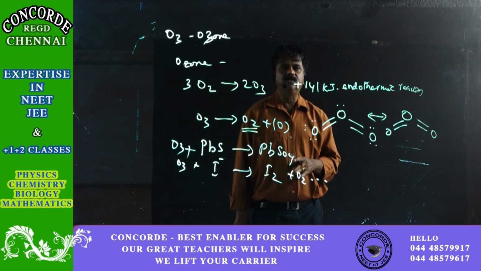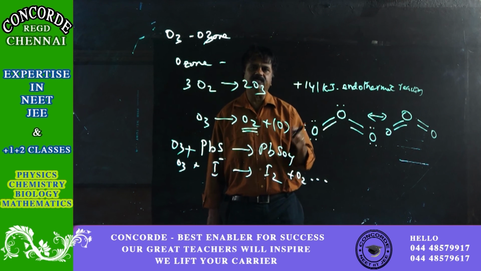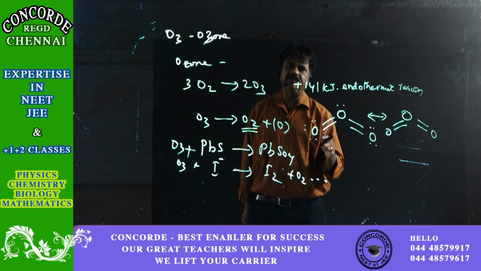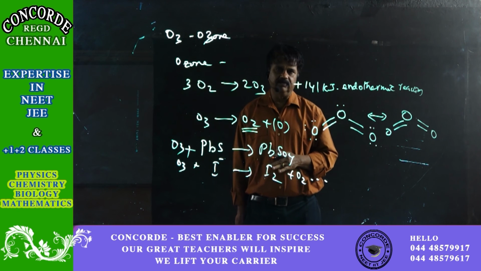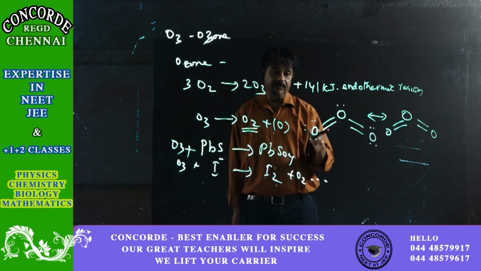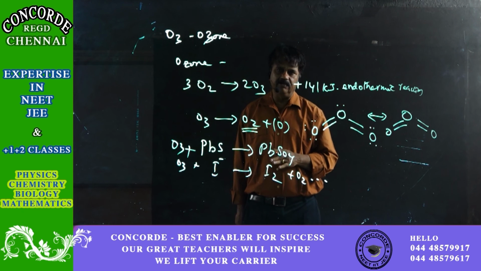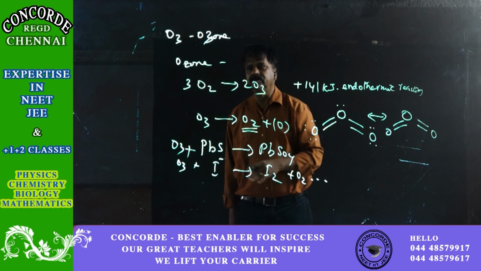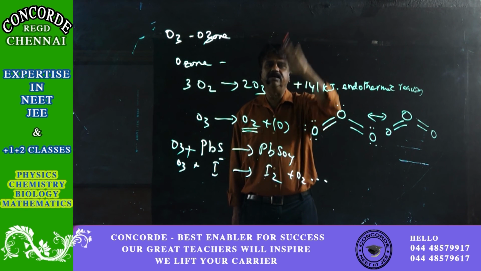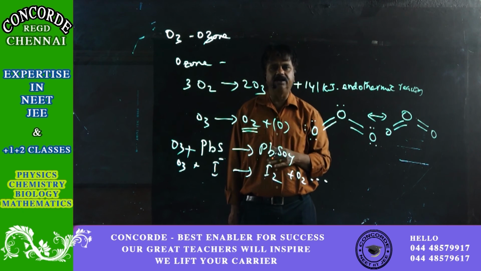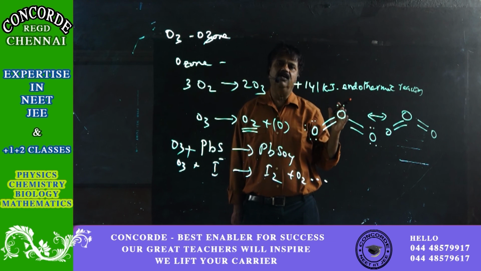As I told you, ozone is very important as an oxidizing agent or a powerful bleaching agent in the lab and in commercial applications. And the ozone layer in the atmosphere prevents ultraviolet radiation.